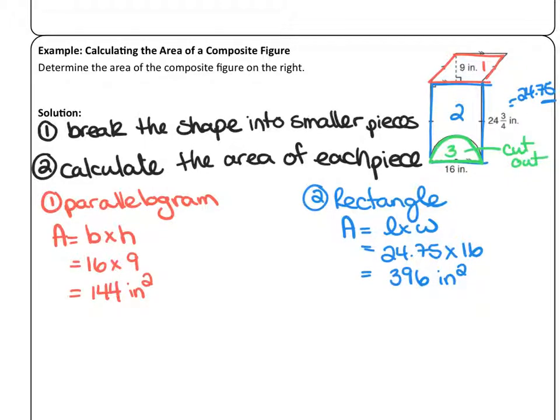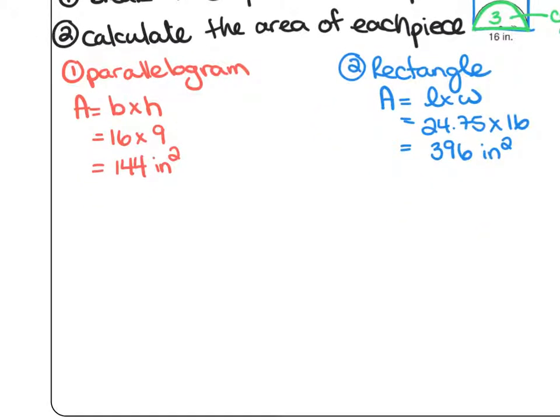The last shape is that circular piece, which is actually cut out, but we still need to calculate it. And it is a half circle. Now, I know that the area for the circle is pi r squared, but then I'm going to divide it by 2 because I only want half of it.